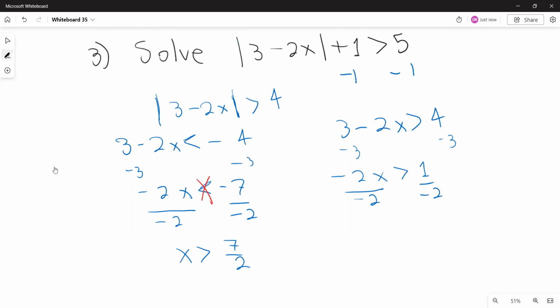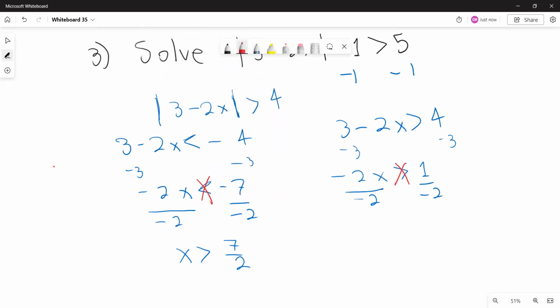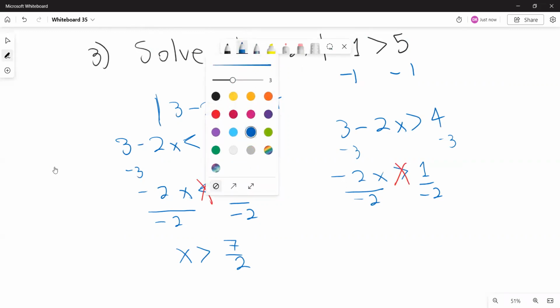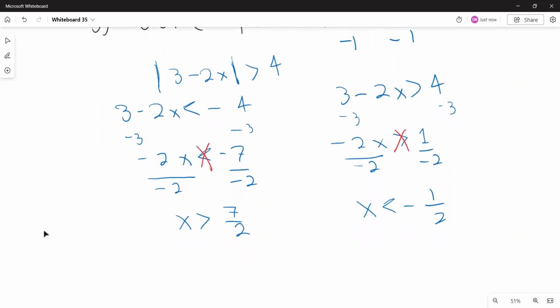When we divide by something negative, the inequality symbol reverses, and x is less than negative 1/2. So the solution intervals for each inequality are 7/2 to infinity, excluding 7/2, and negative infinity to negative 1/2, excluding negative 1/2.